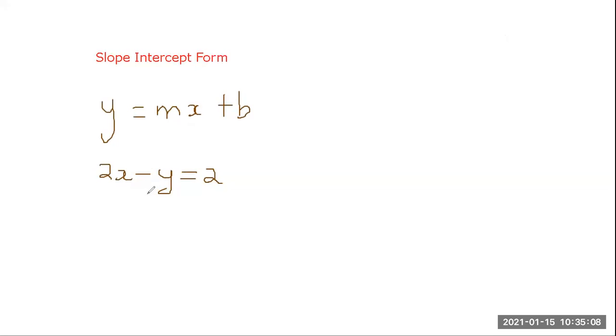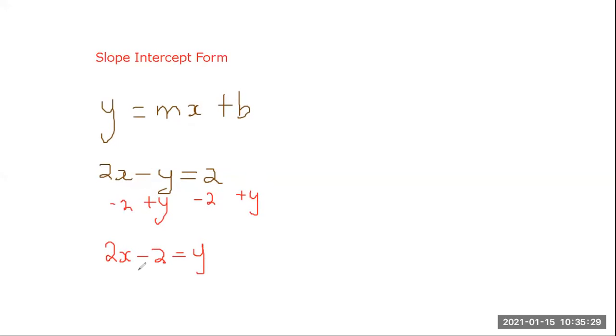And it's already kind of lined out. So if I just do a plus y, but then do the same thing on this side, I have to get the 2 away. I have to minus 2 as well. So I'm going to -2 on this side. So then I'm left with 2x minus 2 is equal to y.